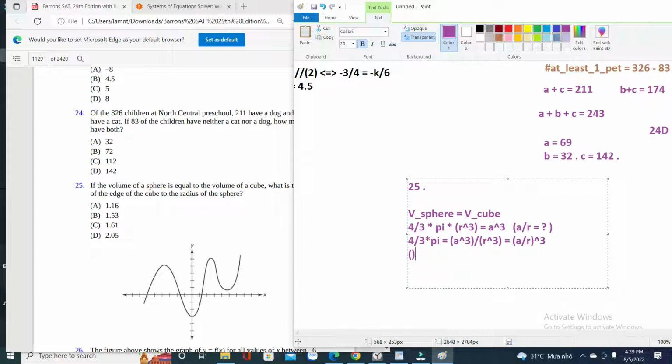So 4 over 3 times pi to the power of 1/3 is equal to a over r to the power of 3, to the power of 1/3. So this side is going to yield a over r, and this side is going to yield what we just put in the calculator.